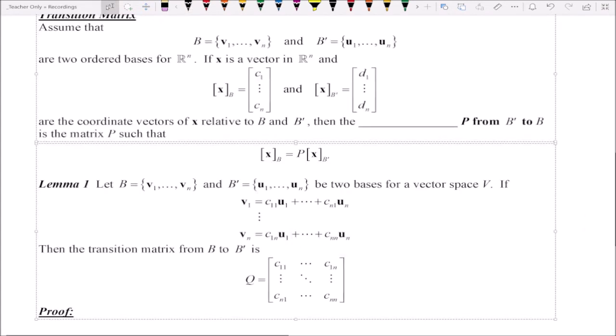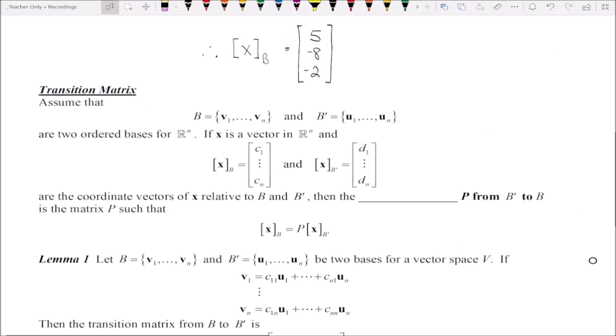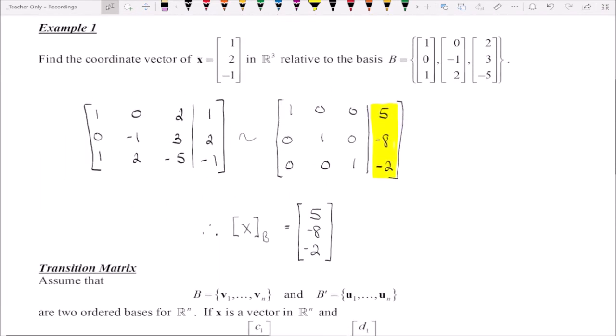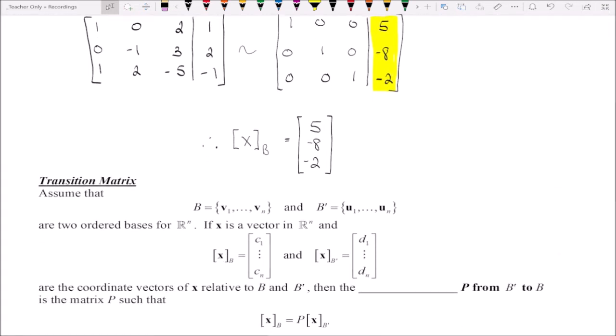Now we want to find a way in which we can transition from one basis to another. Assume that we have two ordered bases, B and B prime.